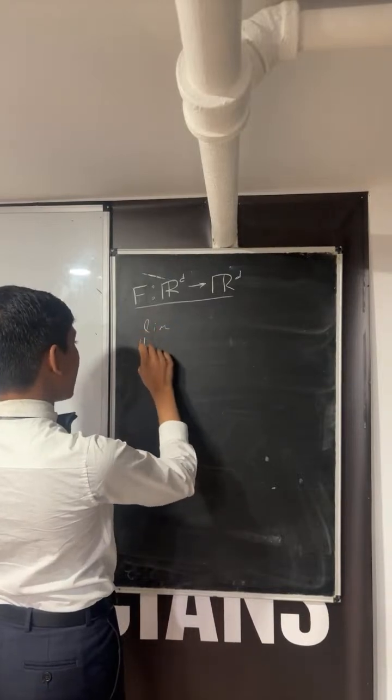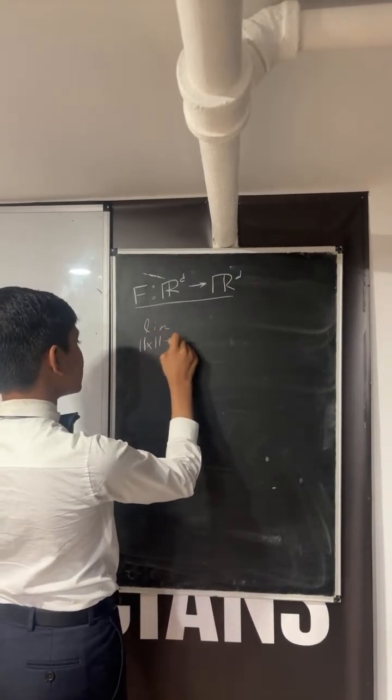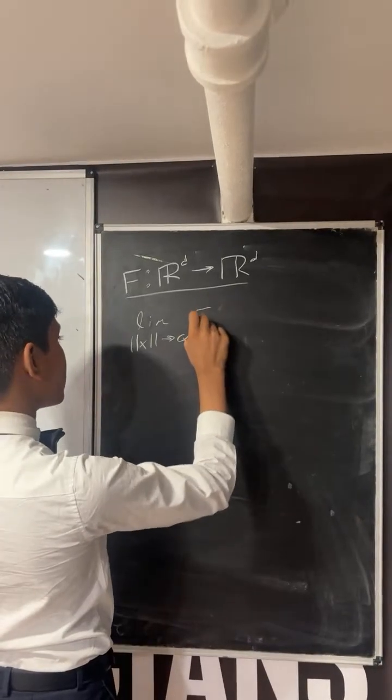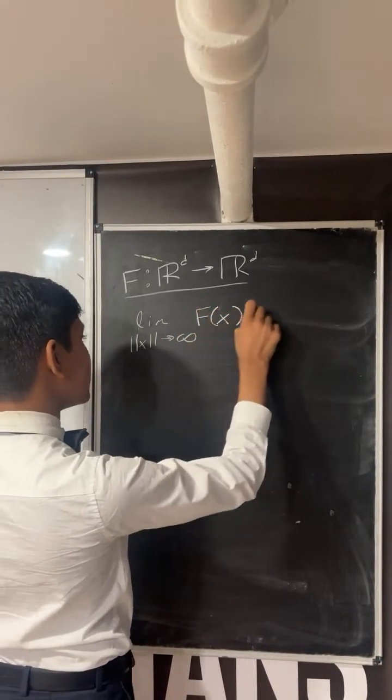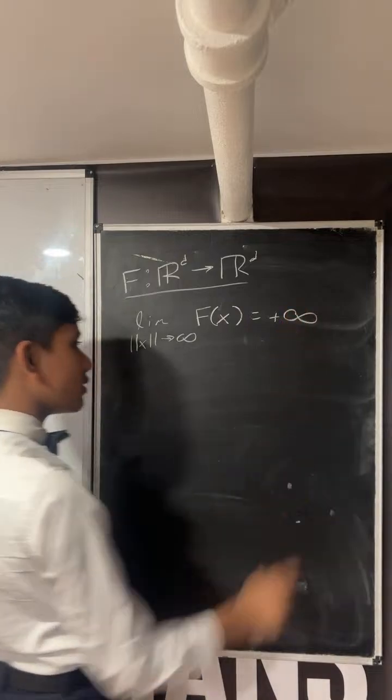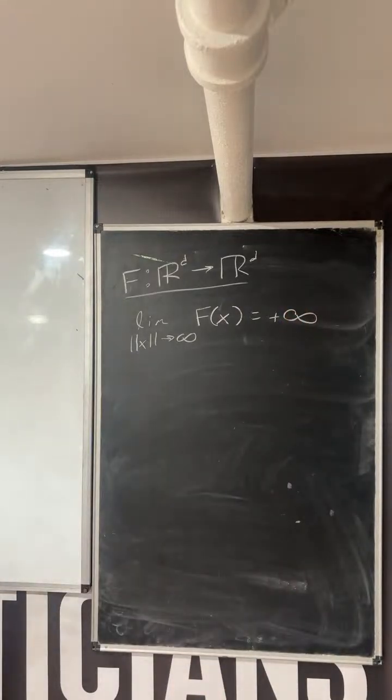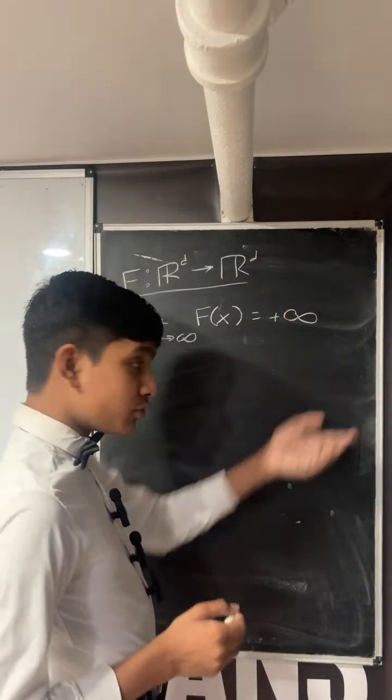The limit as the norm of x approaches infinity of f of x is equal to positive infinity, right? So now, what does this mean formally?